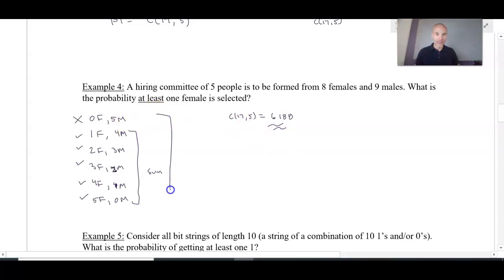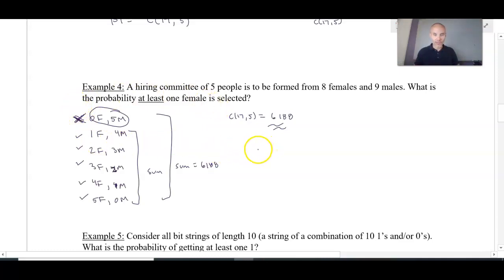If I add all of them together, the sum would equal 6,188. But instead of adding up just the ones that I want, because there's more of them than the ones that I don't want, this event right here, I can actually just count the number of groups that would end up with all male and just remove that from the 6,188.